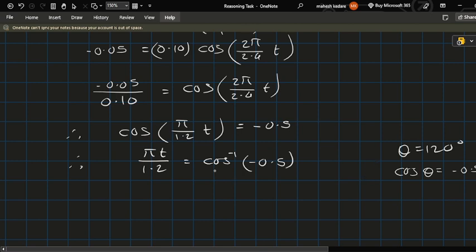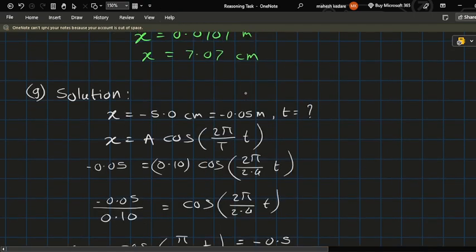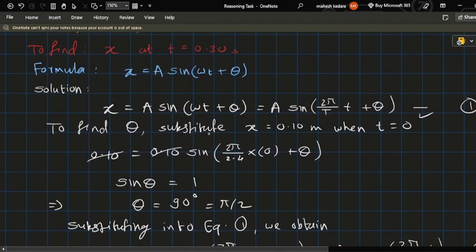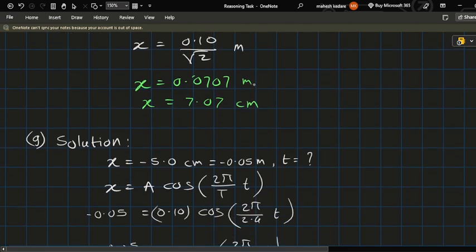We cannot simply substitute 120 degrees for cos inverse of minus 0.5. We must insert the value of the angle in radian units, because in the description of simple harmonic motion by using the equation x equal to a sin of omega t plus theta, we have already assumed that theta is expressed in radians.